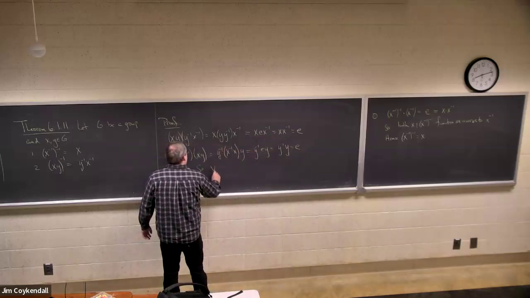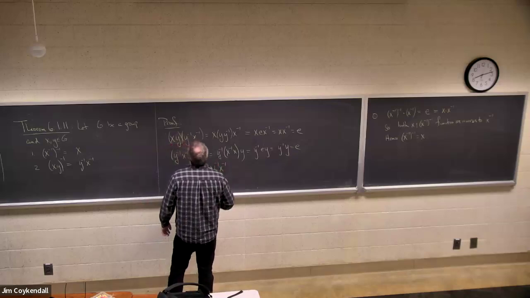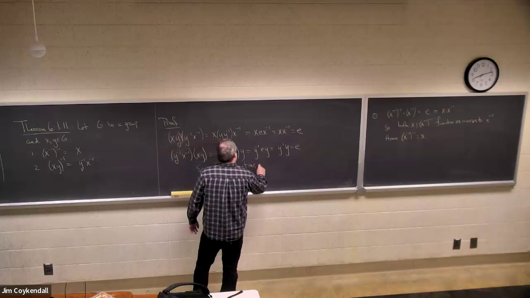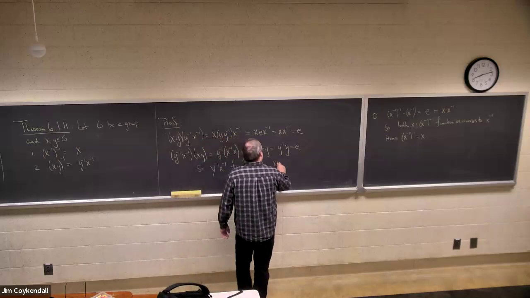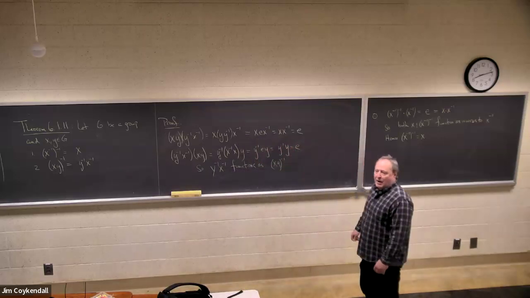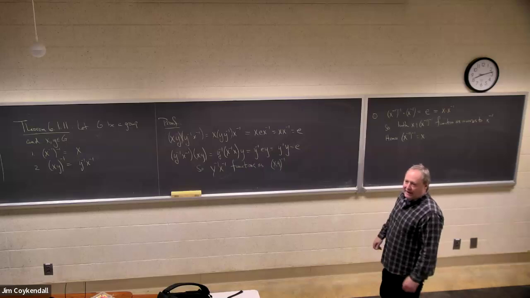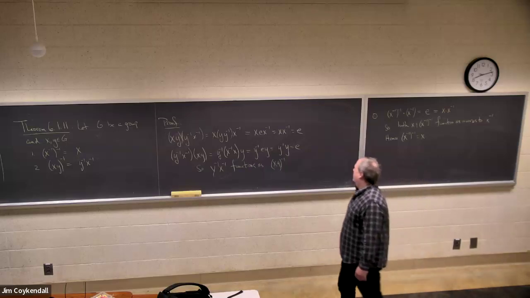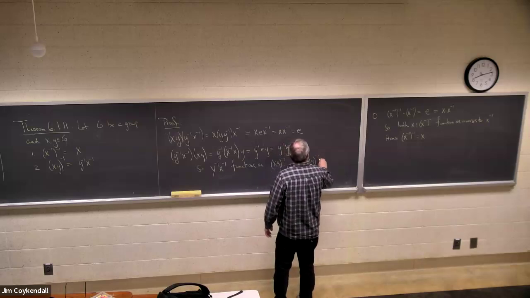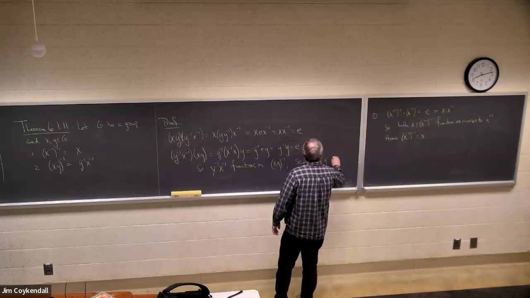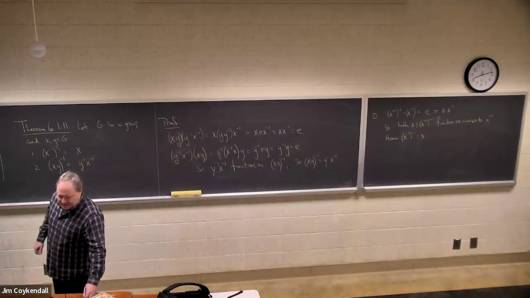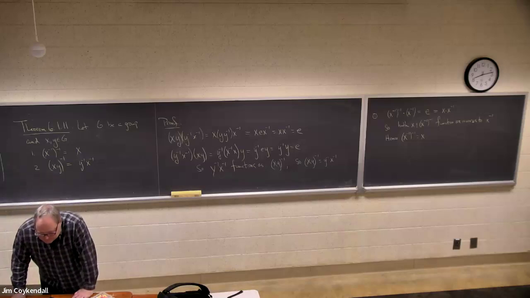So Y inverse X inverse functions as the inverse of XY. Because when I multiply by XY on either side, I get the identity. So XY inverse is Y inverse X inverse. Questions on that?